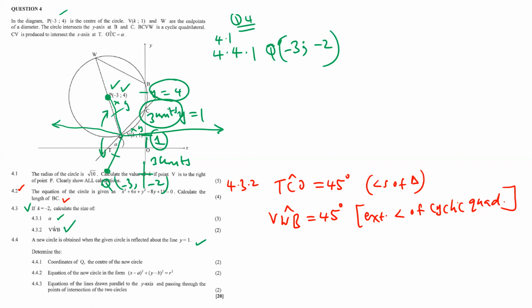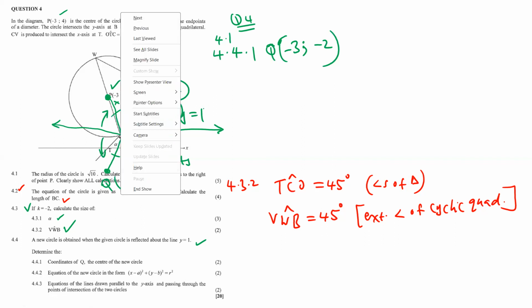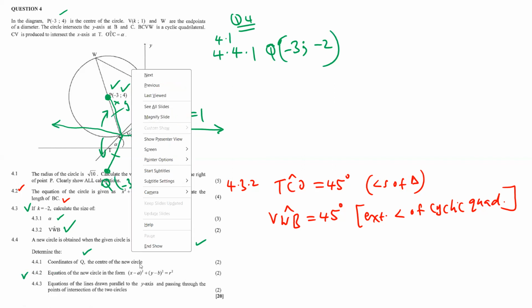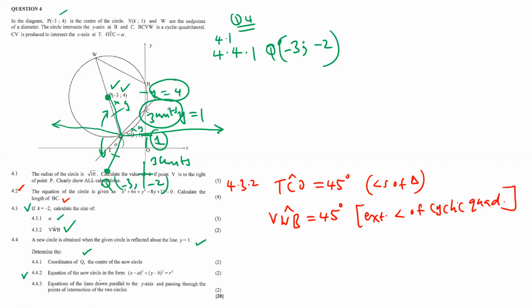Right, so that is 4.4.1, and now 4.4.2. We found the coordinates of Q, the center of the new circle. Now, the equation of the new circle in this form.